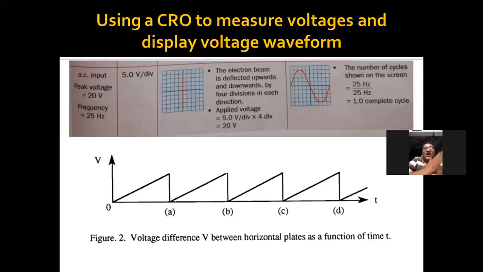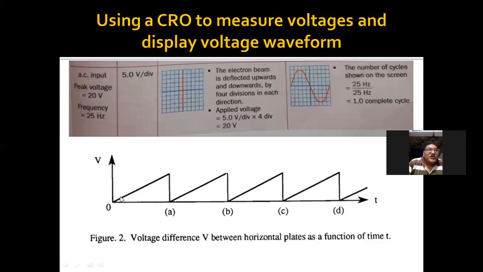You know the saw with which we cut the wood? The shape of this voltage time graph is like the teeth of the saw with which we cut the wood. So that's why this is called a sawtooth voltage.